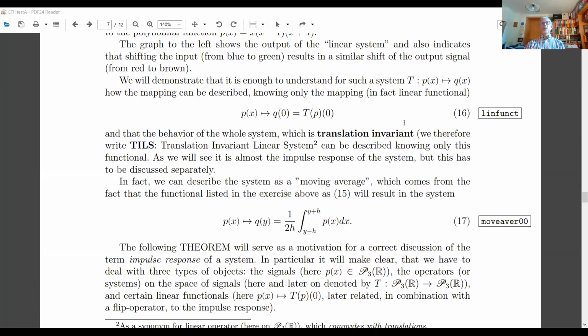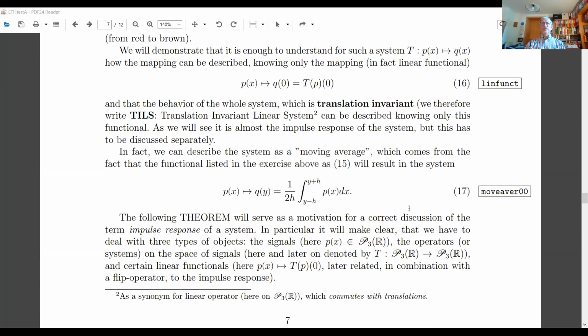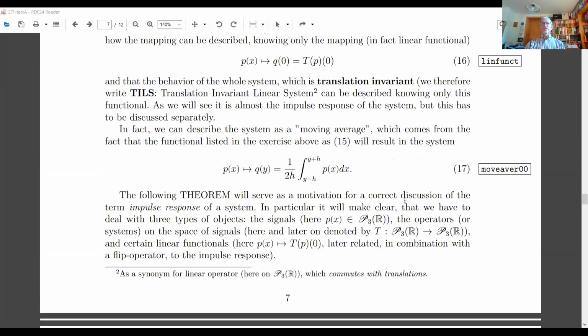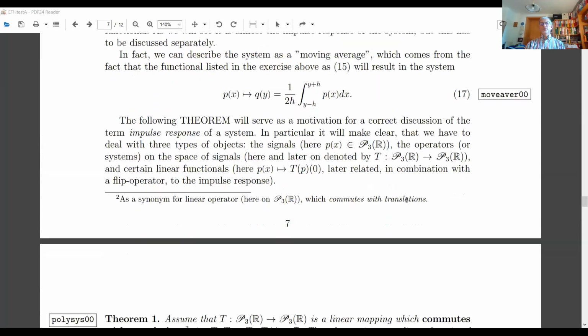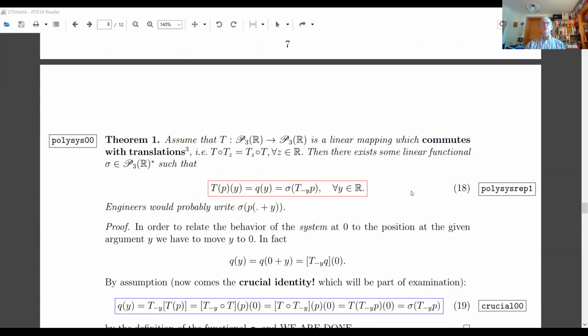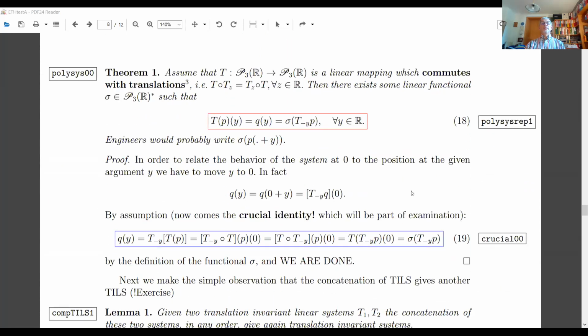The claim is that Y equals 0 is enough to have this knowledge. If I want to emphasize that Q is the output, I write it as T of P. Sometimes I will leave out the brackets when it's clear. So this is a translation invariant system, and we are approaching the idea that this impulse response is okay. Why it's called this will come later.